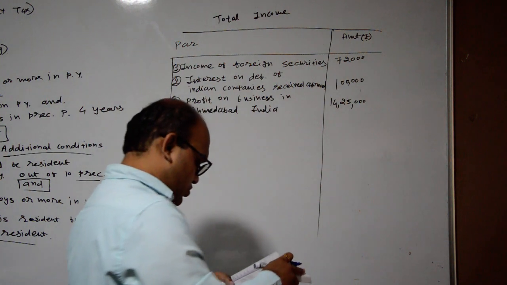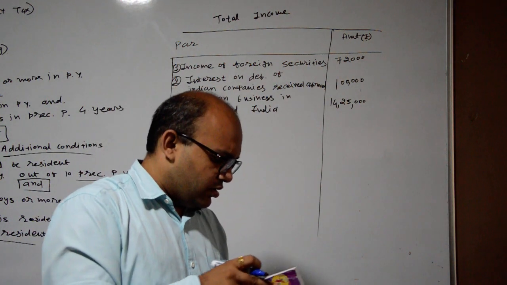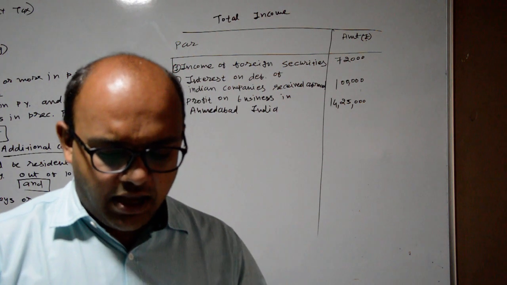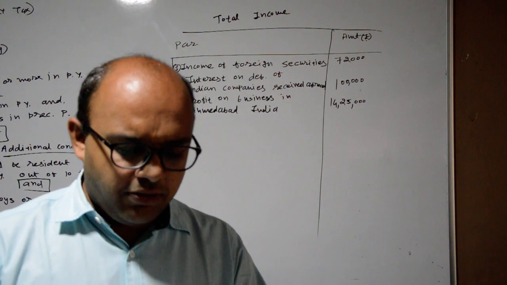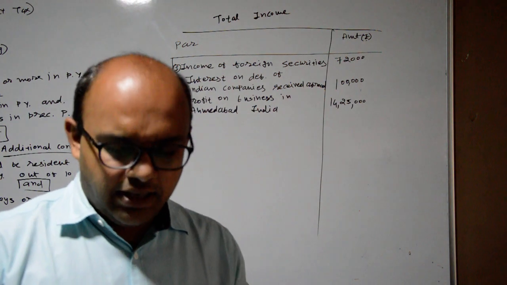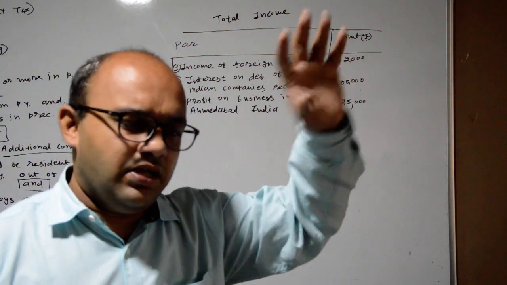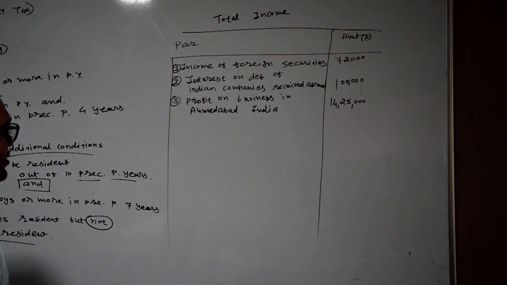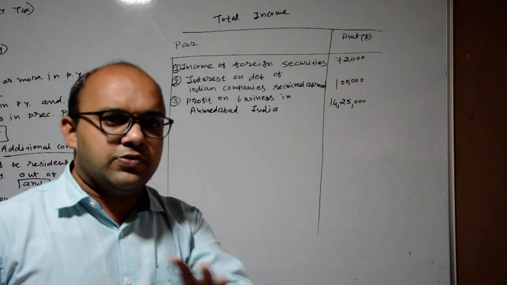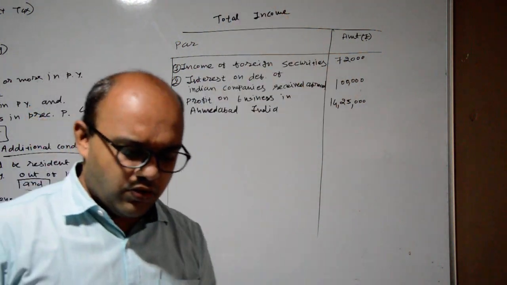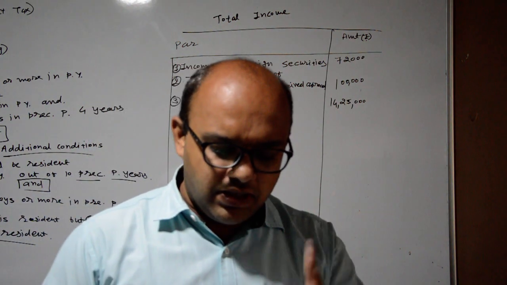14,25,000. Then fourth point, rent from property situated outside India, which was later brought to India. Please check the word later. Later means in previous years. In 2018-19, this income is not from 2018-19. It is from previous years. No previous year is provided in which it was earned.